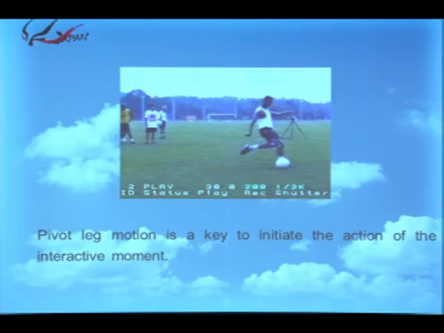So this is a picture of the beginning of the final phase of kicking. The shank is almost horizontally positioned like this. And the most effective way to give this shank counterclockwise rotation is to apply a vertical force at the proximal end.